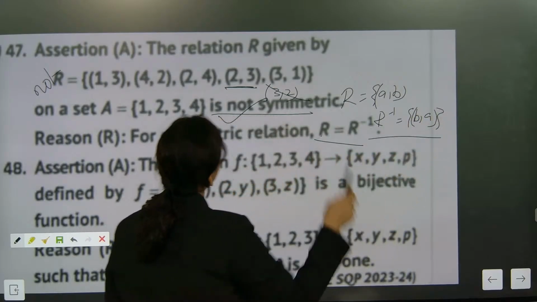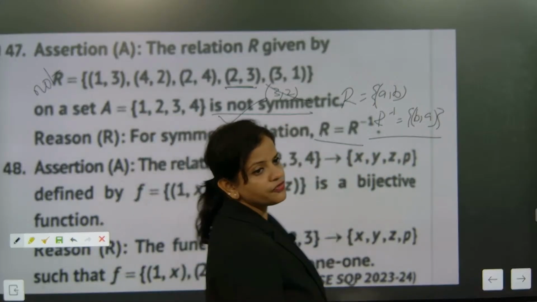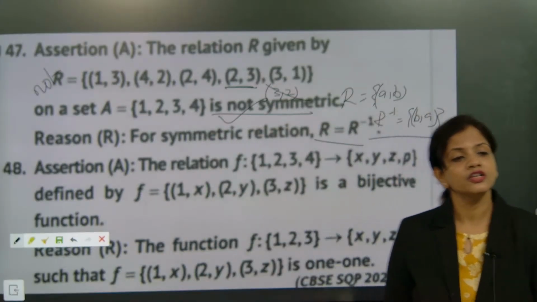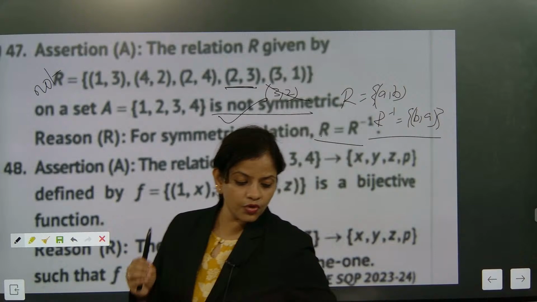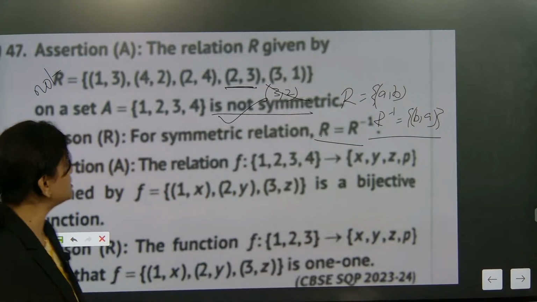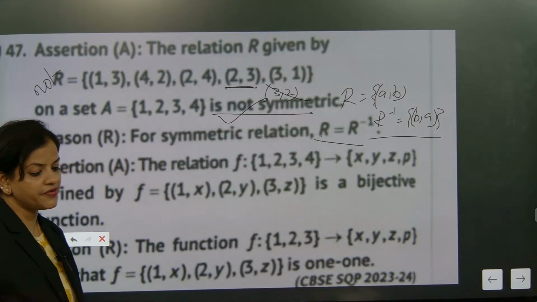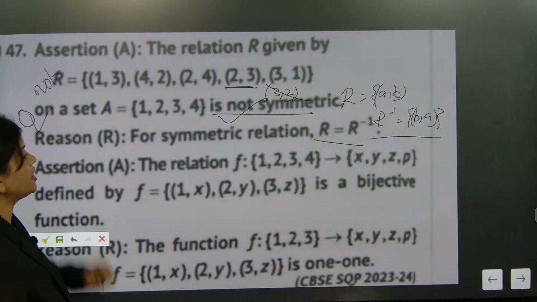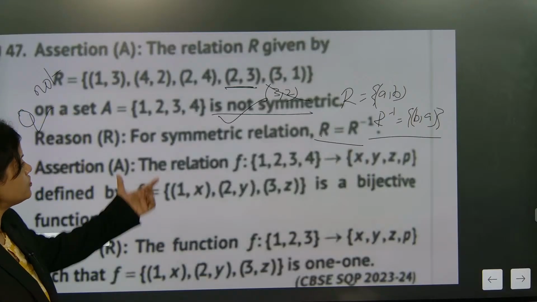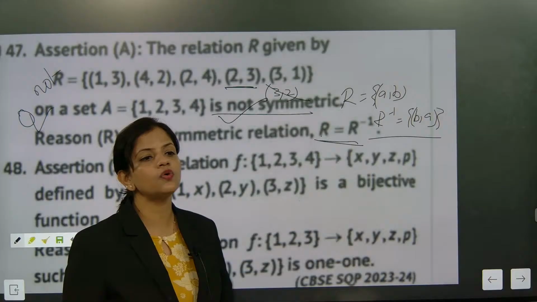All the inverse elements must be there. So this is the way of presenting a symmetric relation. I hope everybody understood. So is this going to be A? Shivaranjani has given the answer as A, and actually the correct answer here is A. Understood?